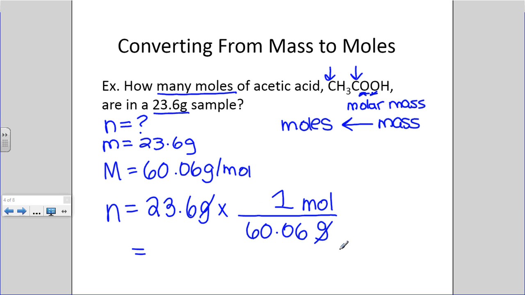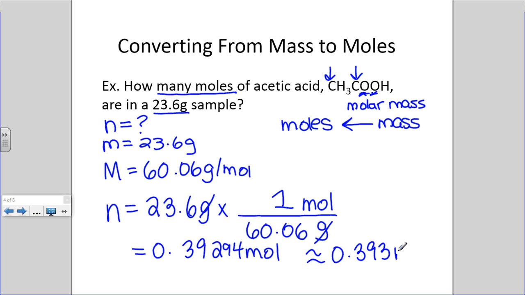Grams and grams cancel, and you should get somewhere around 0.39294 moles. And when we round that to significant digits, how many do we want? Always go back to the question, 23.6. That's 3 significant digits. So you want 0.393 moles.